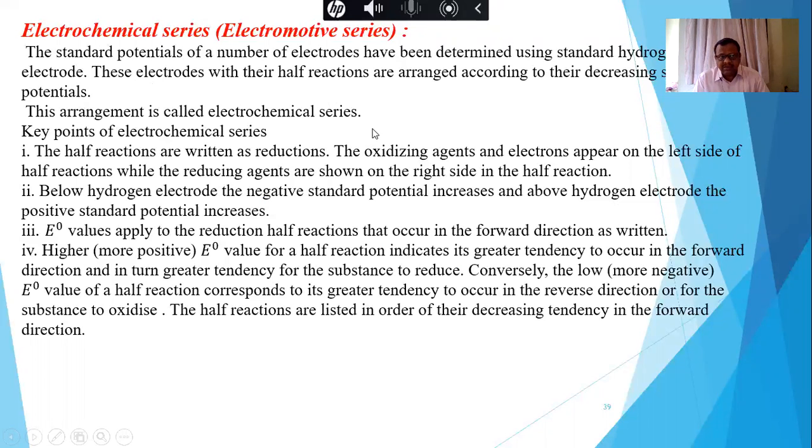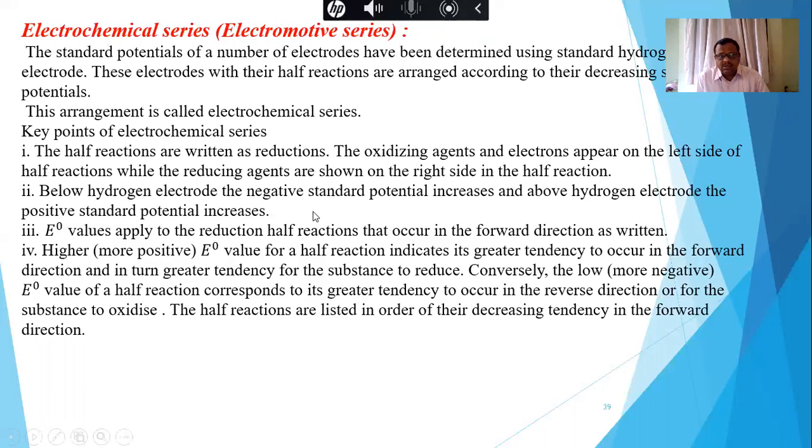I repeat again, the standard potentials of a number of electrodes have been determined using the standard hydrogen electrode. These electrodes with their half reactions are arranged according to their decreasing standard potential, and this arrangement is called the electromotive series or EMF series.